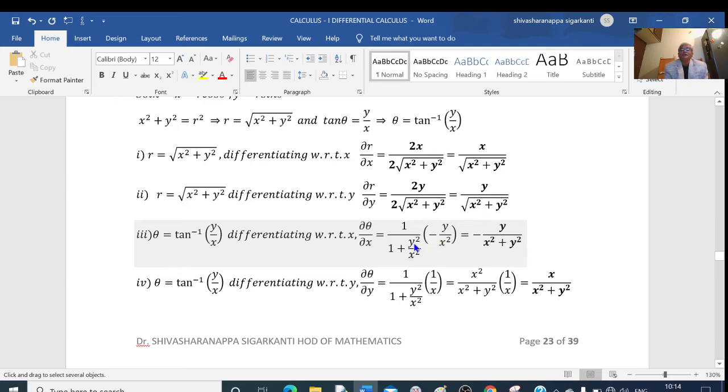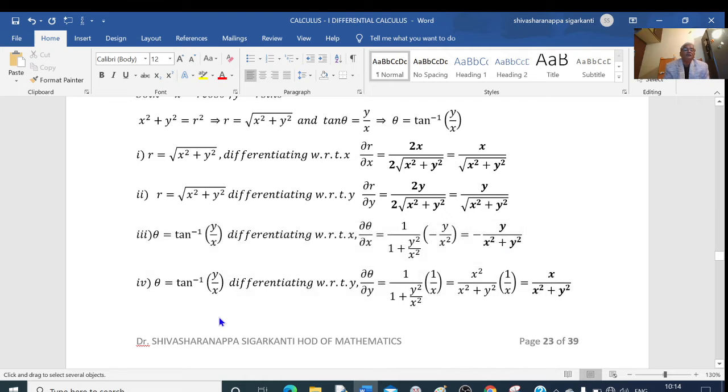So this is equal to, you can multiply or you can take the LCM here. If you take LCM x², you will get x² + y² and this x² gets cancelled. In the numerator, I am getting minus y. In the denominator, I am getting x² + y². So this is our ∂θ/∂x.